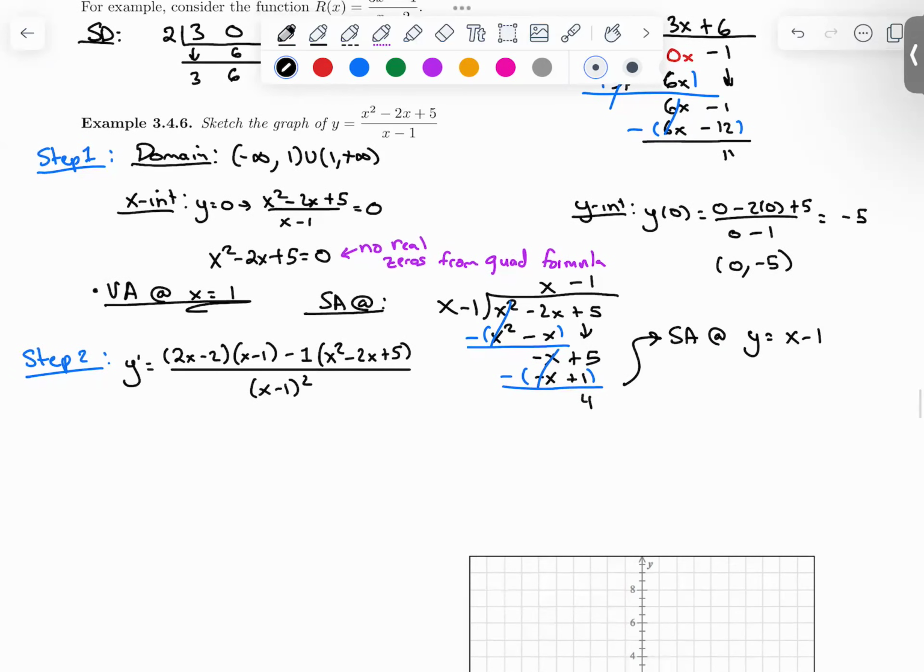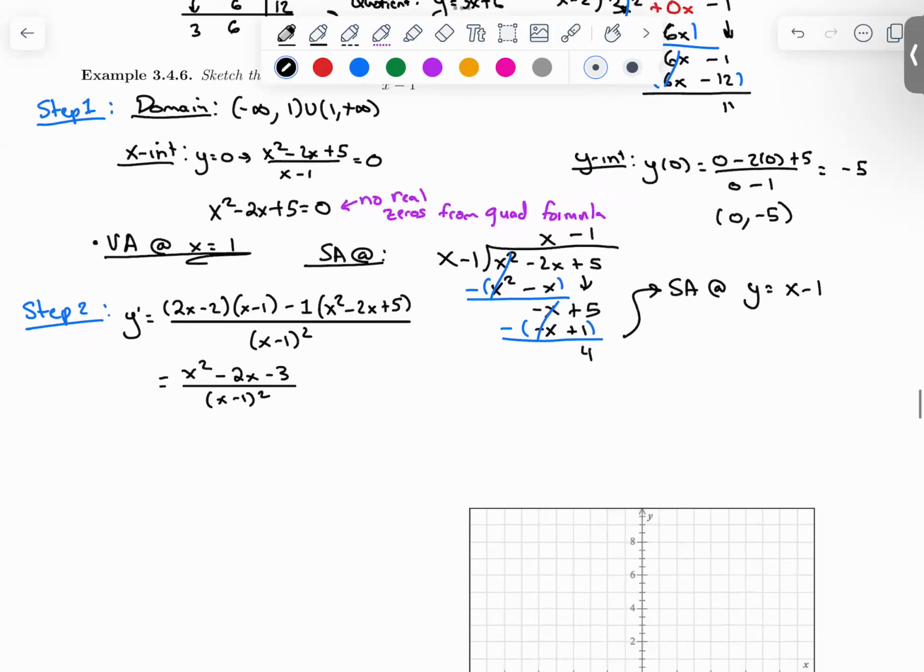And then just FOILing that out. To save on time, I trust you guys to do the algebra, so you're not spending all that time on it. This becomes x squared minus 2x minus 3 divided by x minus 1 squared. And that factors to x minus 3 times x plus 1 over x minus 1 quantity squared.